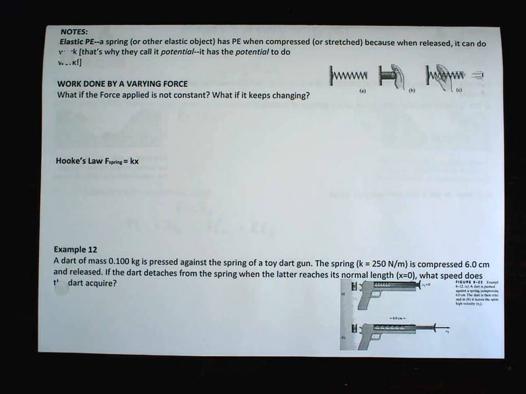What is not mechanical energy? Heat is not mechanical energy. The work done by friction creates heat. That is not mechanical energy. But these three types are our mechanicals. So here's what we've got going. When we load up a spring, it makes sense that that spring now has potential energy.